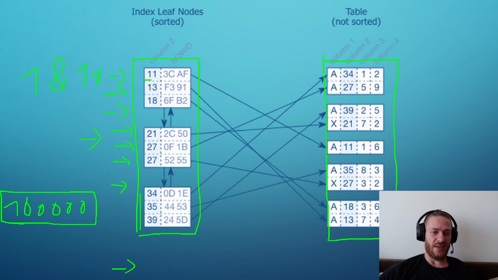We will need to see, is 11 100,000? No. Is 13 100,000? No. And so on. We will need to search the whole index from start to finish until we find the 100,000 value. And that's not very efficient.